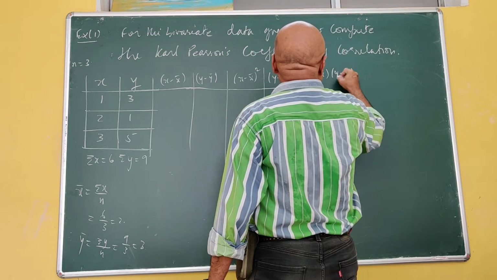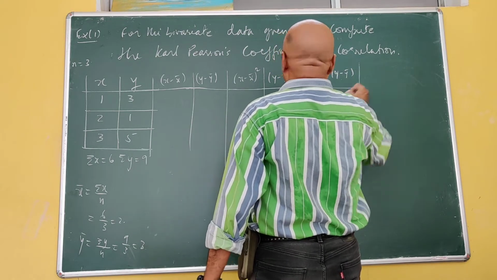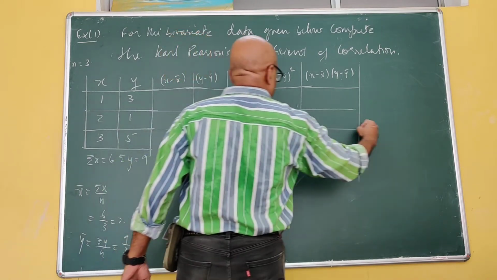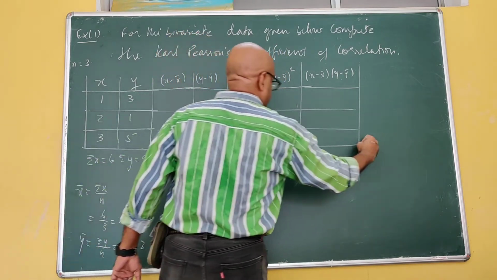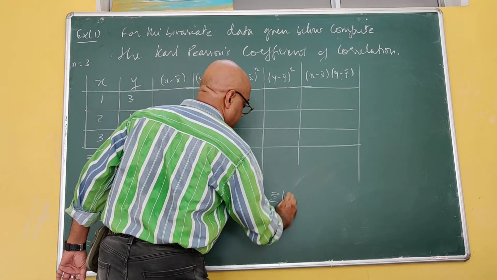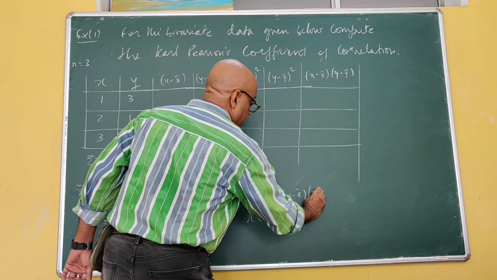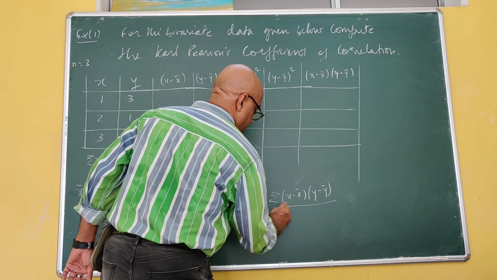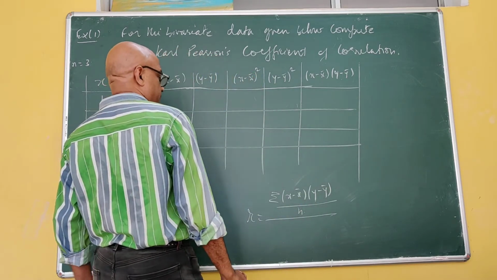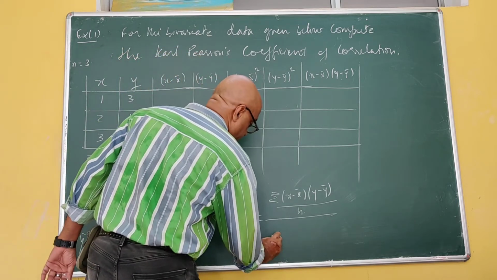This is all that you need because I have wiped out the formula, but let me rewrite the formula. This is all that you need in that formula. What is that formula that we have written? Summation x minus x bar, y minus y bar divided by n and divided by, what do we have here?